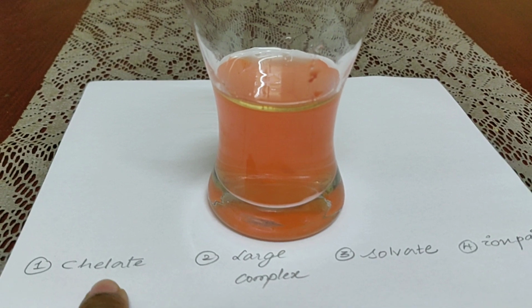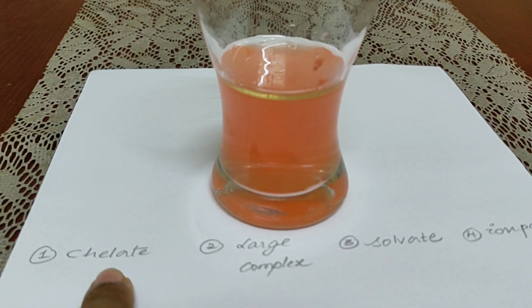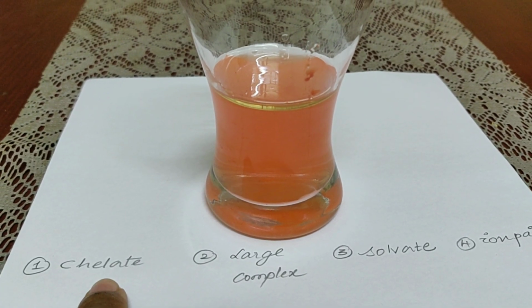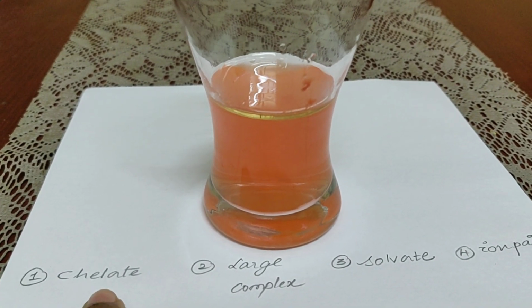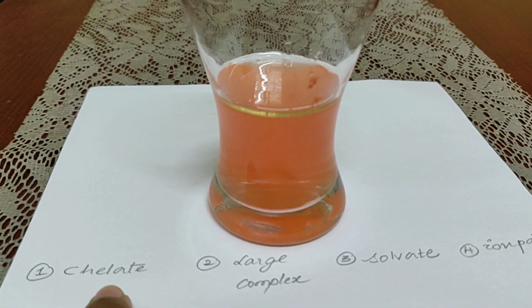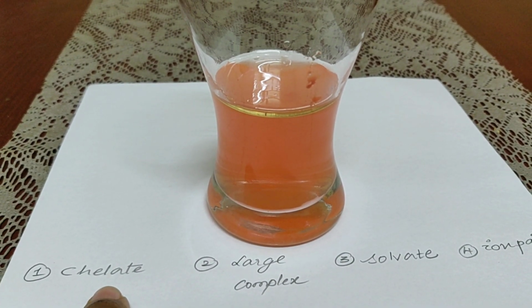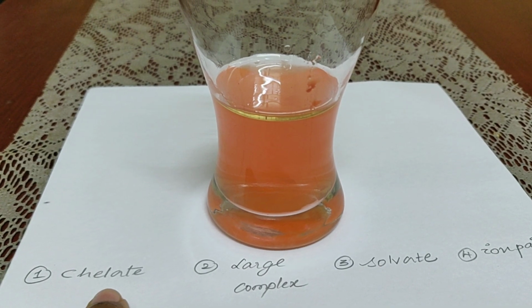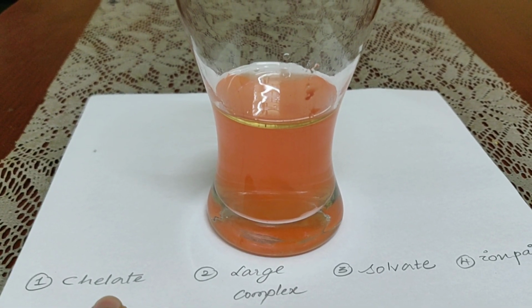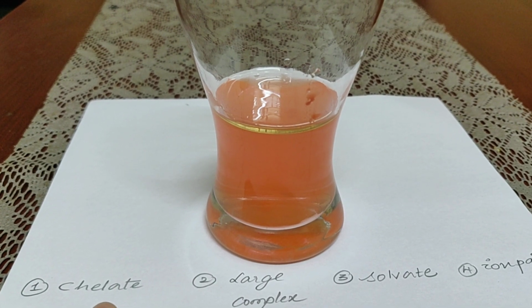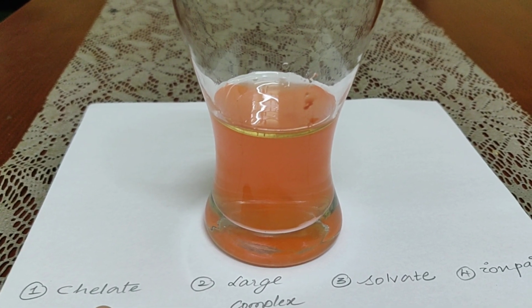So it must be a bidentate ligand at least. It is going to attach to the solute particles, make them neutral, and then take them to the organic layer. We should remember here that compounds which are soluble in the aqueous layer are ionic in nature, and compounds which are soluble in the organic layer are non-ionic.